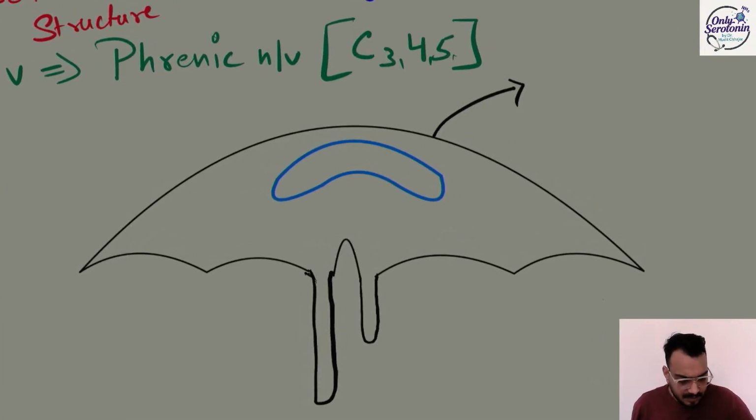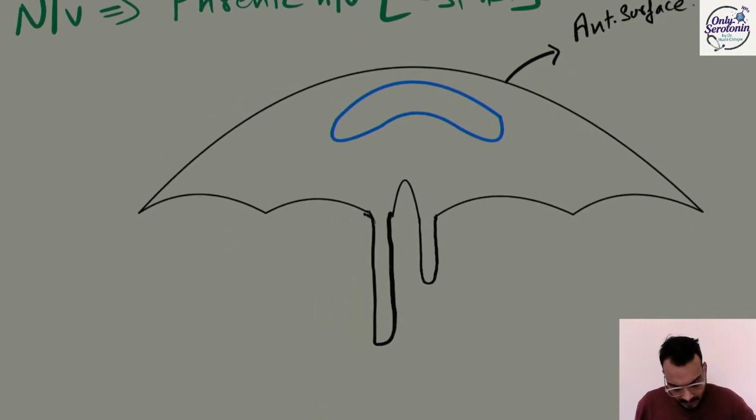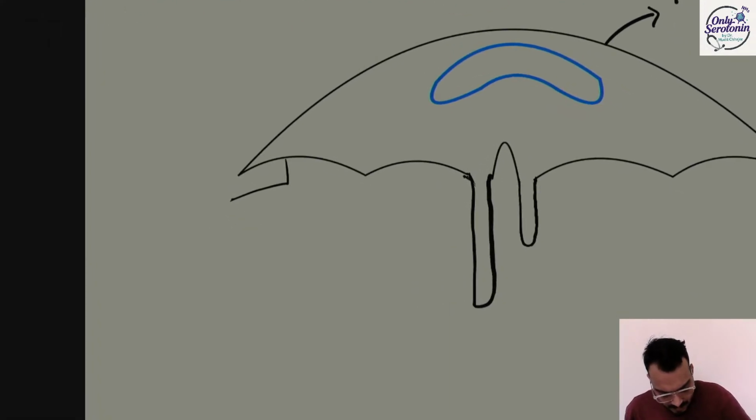Now the diaphragm we are making, it is like an umbrella shaped structure or the dome shaped structure. In that this one here is what, guys? It is your anterior surface. Then this one here, it is lateral arcuate ligament.